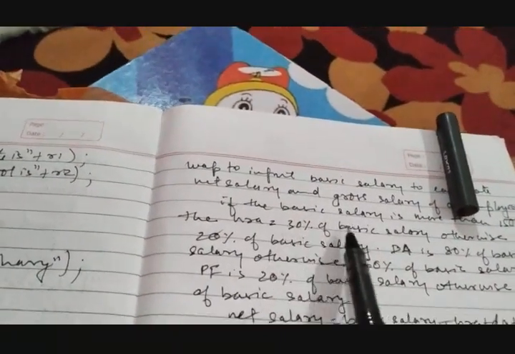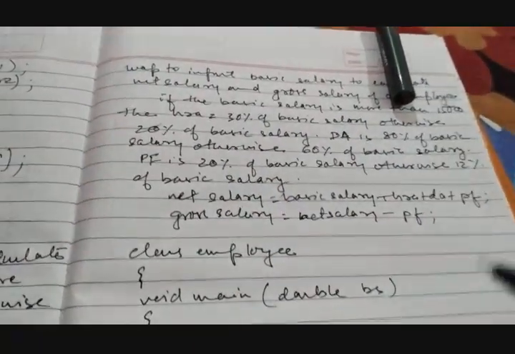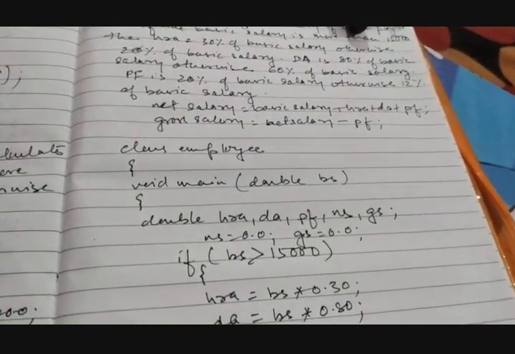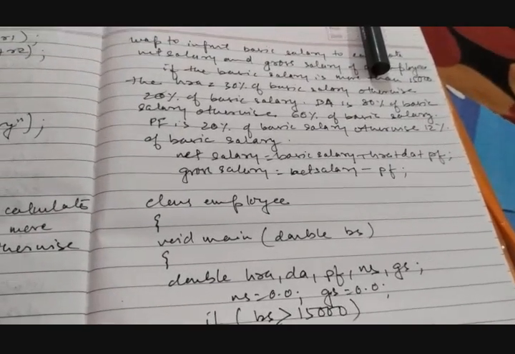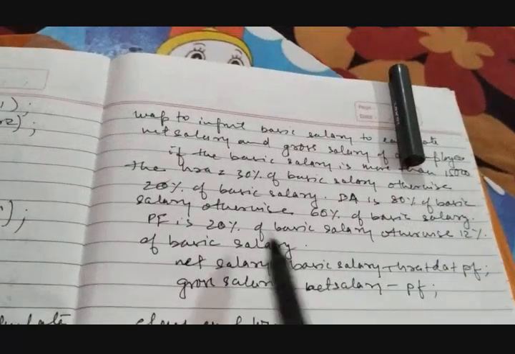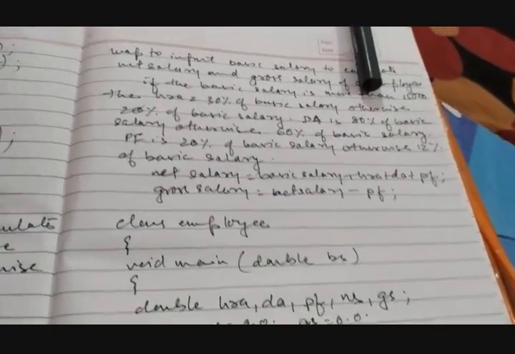Otherwise 20% of basic salary, so 20%, 0.20. Now DA equals basic salary into, otherwise 60% of basic salary, 0.60.